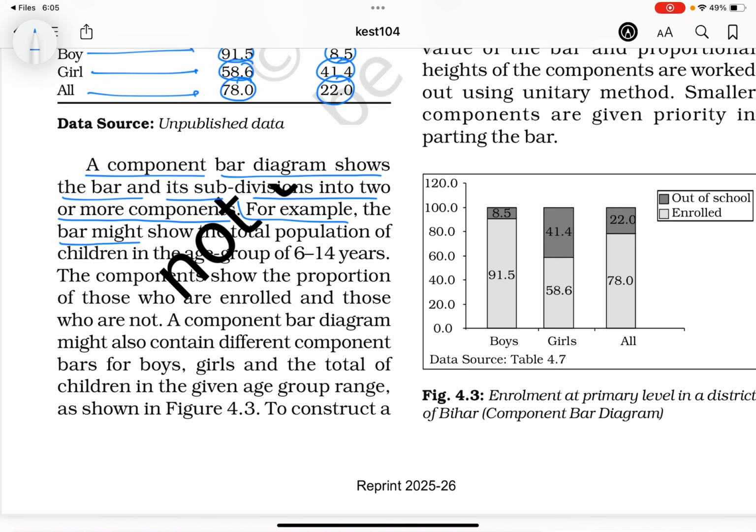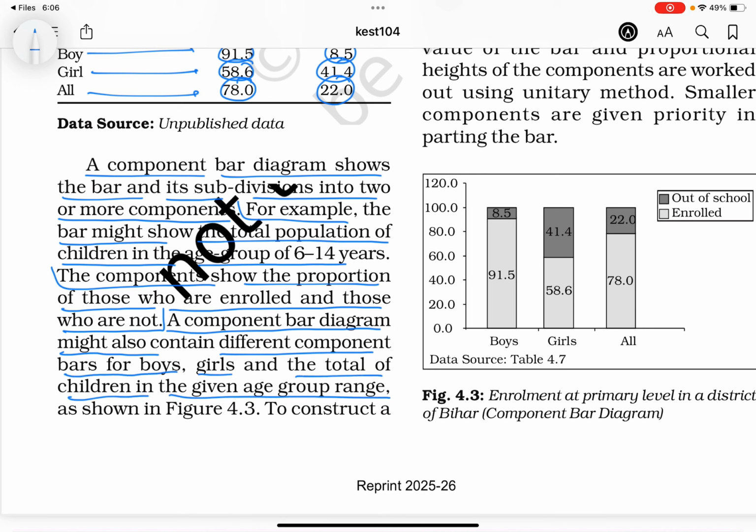For example, the bar might show the total population of children in the age group of 6 to 14 years. The components show the proportion of those who are enrolled and those who are not. A component bar diagram might also contain different component bars for boys, girls, and the total of children in the given age group range, as shown in figure 4.3.